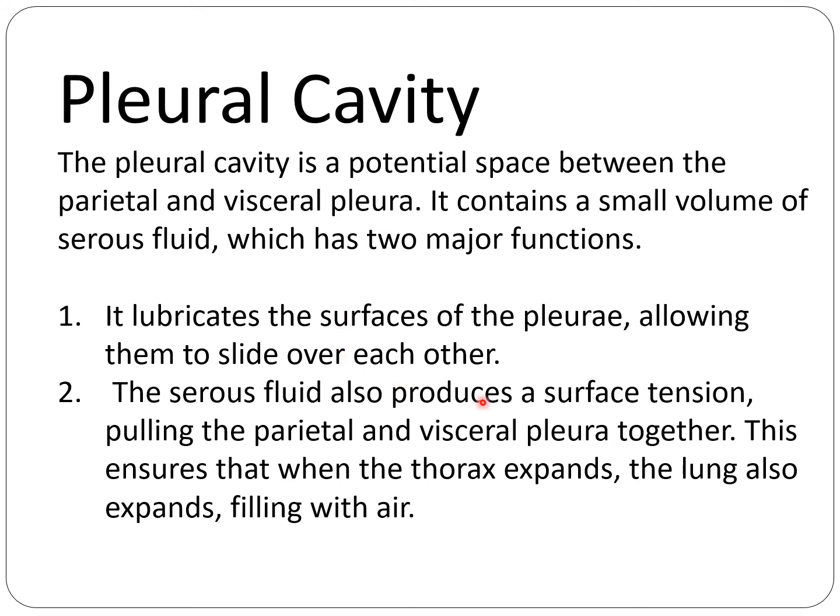Then it produces surface tension which will pull the parietal and visceral pleura together during respiration. Because of the pulling of pleura, the thorax expands and the lungs are filled with air. So lubrication and production of surface tension resulting in expansion of air are the two functions of pleural fluid.